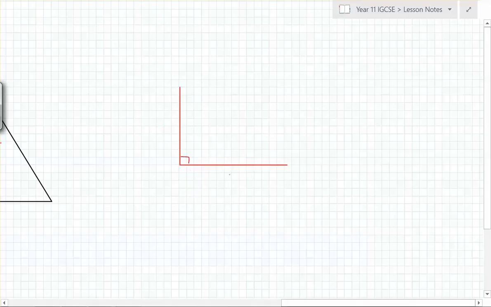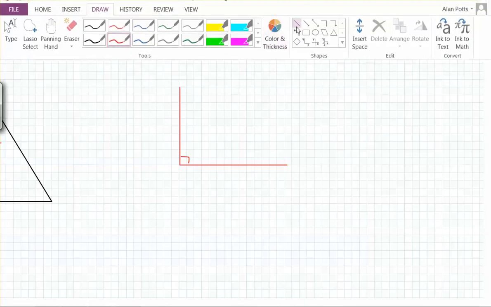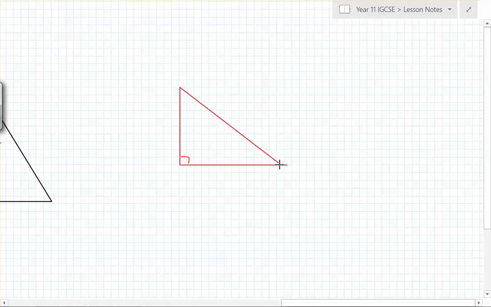So right angle and this length is a what and a what on the triangle? 1 and 1, yeah, which is why we have 45 and 45. And then this length, remember how to work it out? Square root of 2. Square root 2, yeah.